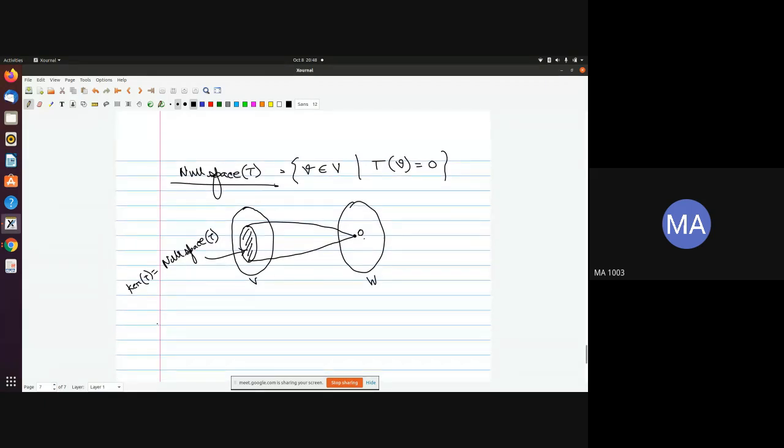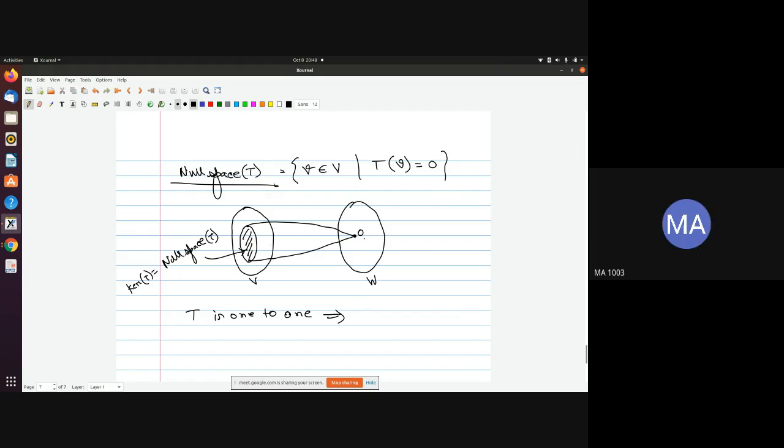Now, can you tell me if T is 1 to 1? Can we tell something about the null space? Think, what can I tell about the null space? Nullity should be 0. Yes, sir. Only 0.